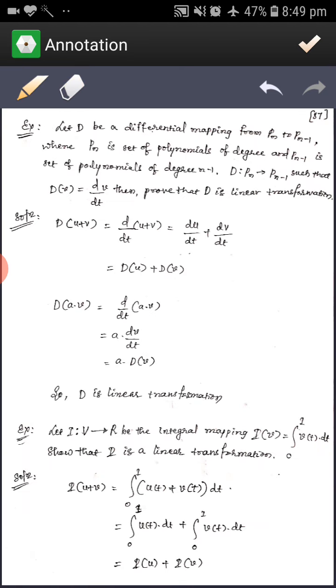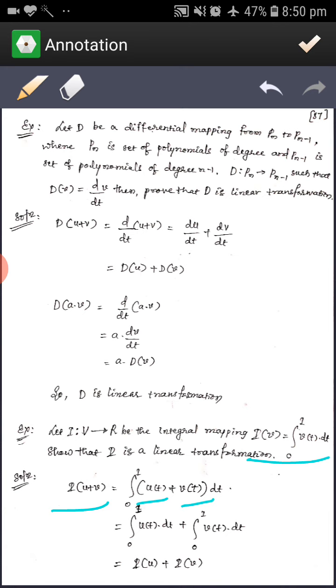Similarly for integration, the integral mapping I of v is equal to the integral of v with respect to t, ranging from 0 to 1. Then I of u plus v is equal to the integral from 0 to 1 of u of t plus v of t with respect to dt.